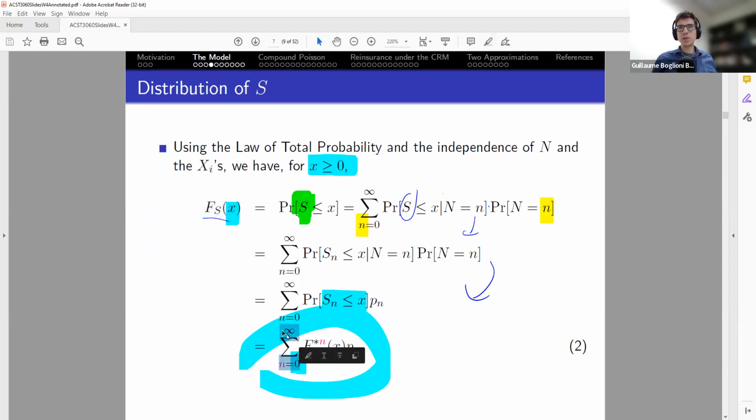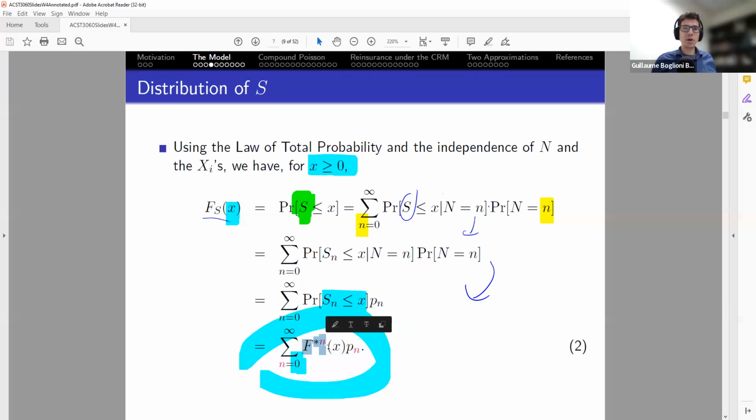In principle, it's an infinite sum, but we can't really sum to infinity, so we're going to stop the sum at a high bound beyond which the terms are pretty much 0. We're summing the CDF of the n-fold convolution times the probability that the frequency is equal to that n, from n equals 0 to infinity, but we're going to stop at a certain value.